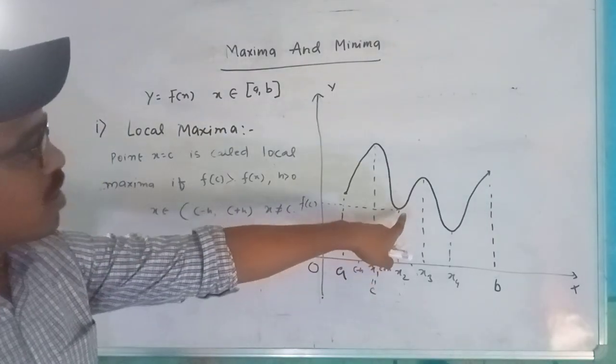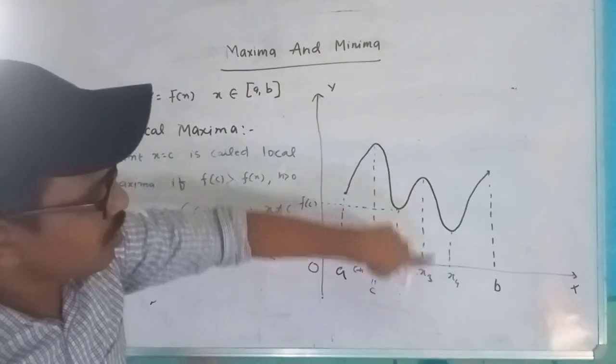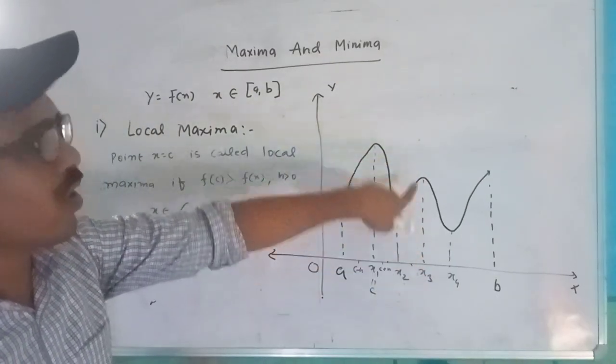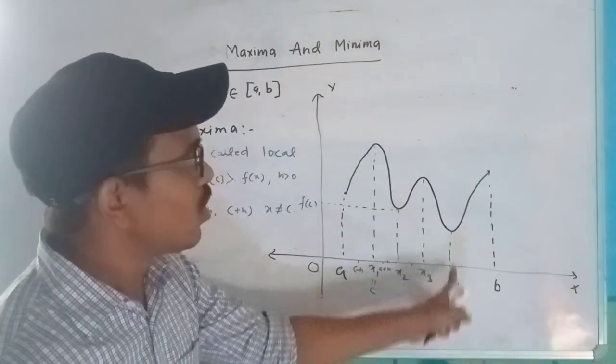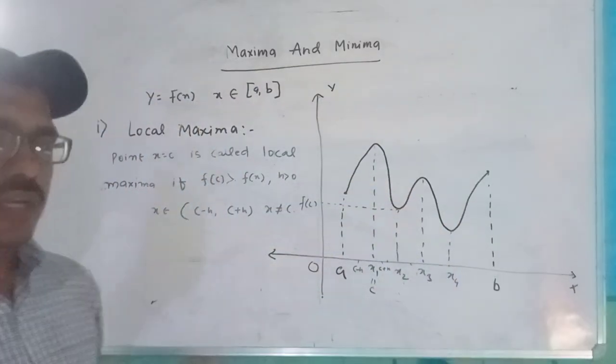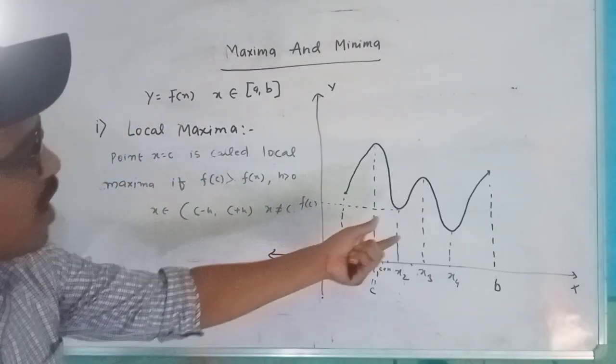Similarly, this point is a local minimum. This is x3, which is a point of local maximum. Similarly, x4 is a point of local minimum. I hope you have clearly understood the concept of local maximum and local minimum.